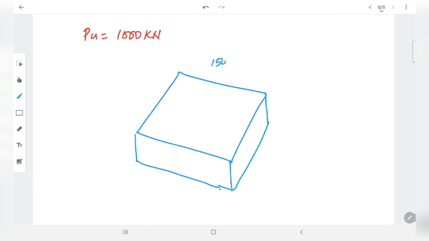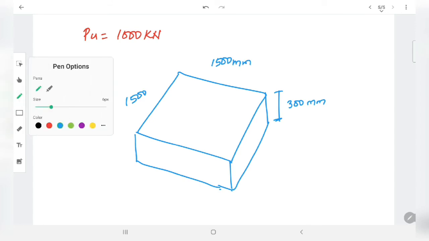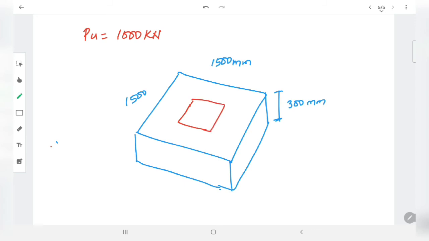Okay, 1500, 1500 and it is of 300 mm. Now the punching shear is acting at a distance d by 2 from the surface.